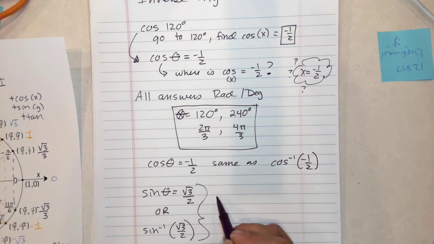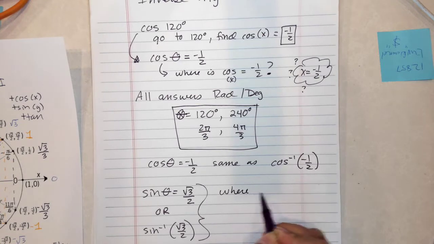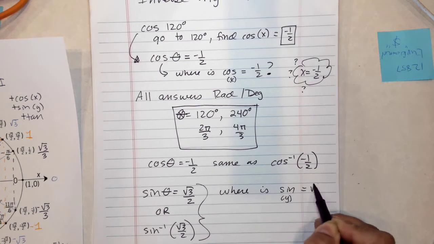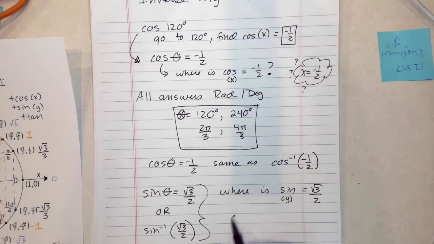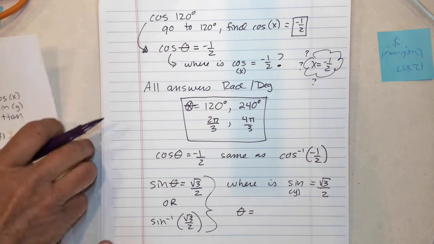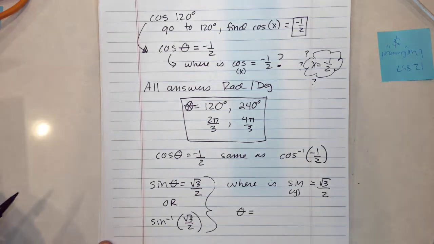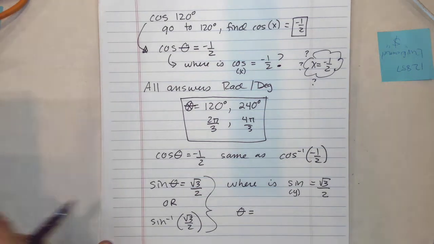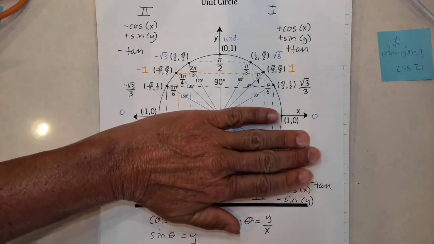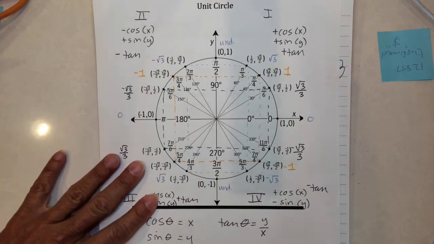Both of these are asking you where is sine, which is the y, equal to root 3 over 2. So you're looking for a location or an angle measure. So my angle measures are going to be any place where the y is root 3 over 2. So sine is a y, and it's positive on the top half. So I'm going to be looking for my answers in the top half.